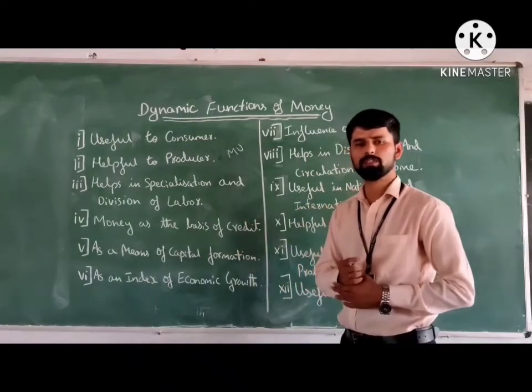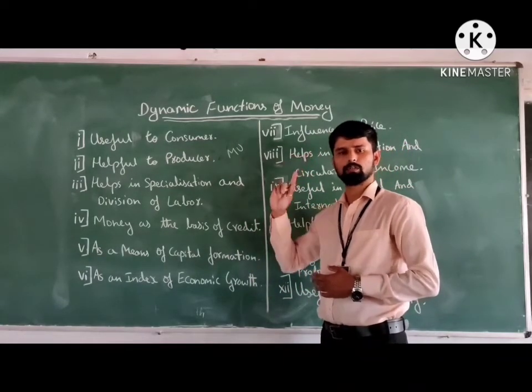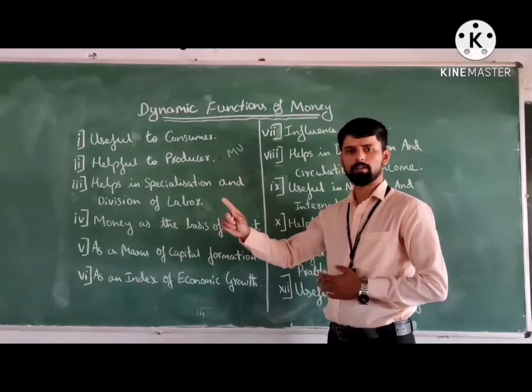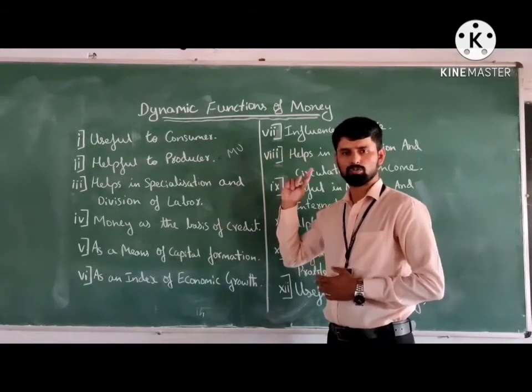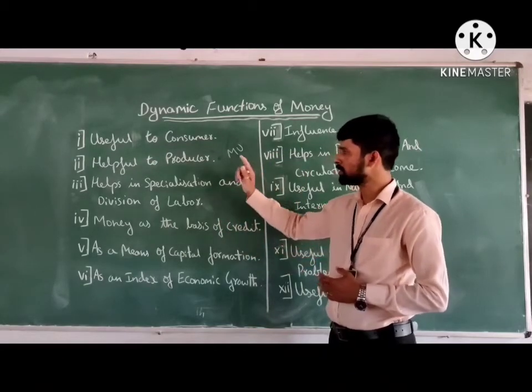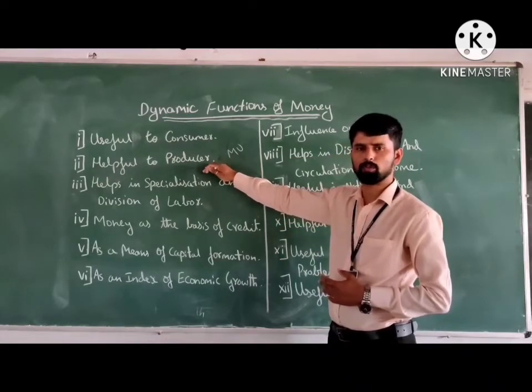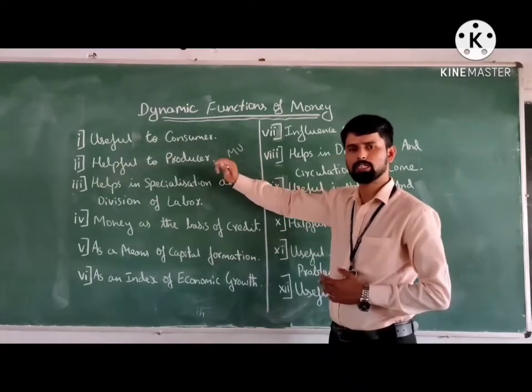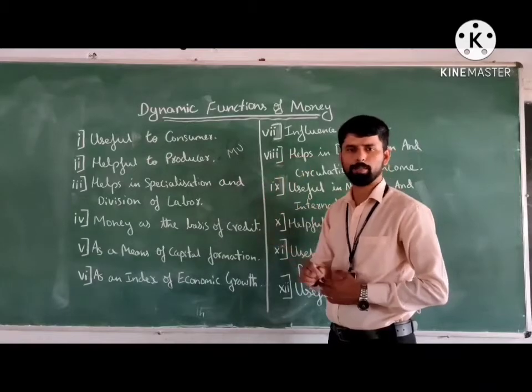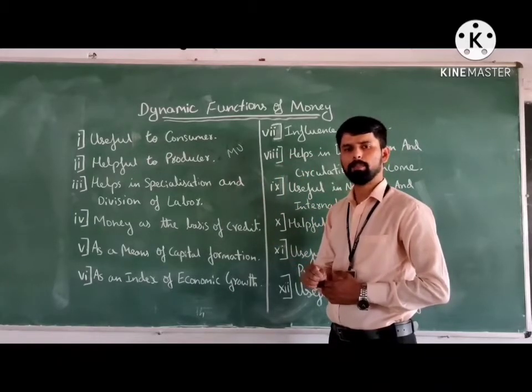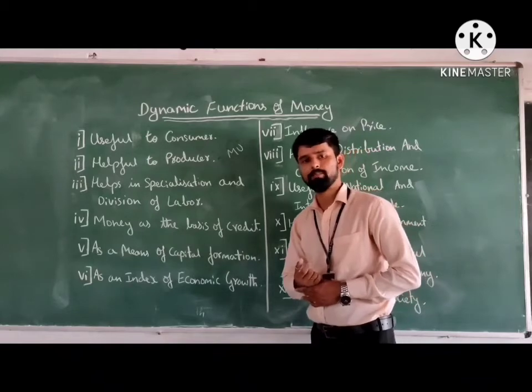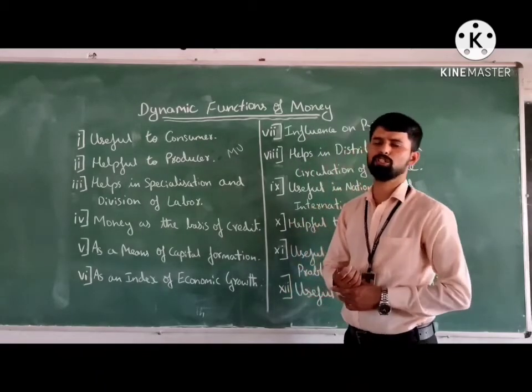Because of the flow of goods and services from the production to the market, from the raw goods to the final goods, it is helpful to the producer to give wages to the laborers, to pay interest over the capital, and to pay for raw materials, technology, and machineries.